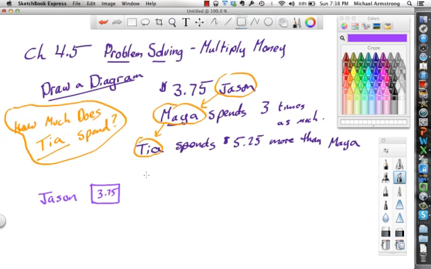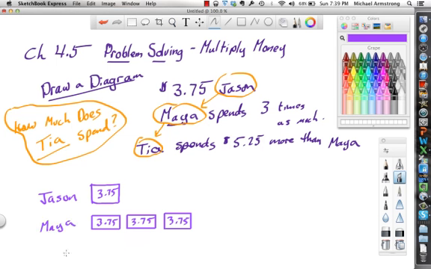So basically, they grab Maya, and they give her 3 boxes that look like Jason's box. So we would add $3.75 3 times, inside each one of these boxes, because Maya spends 3 times as much as Jason.